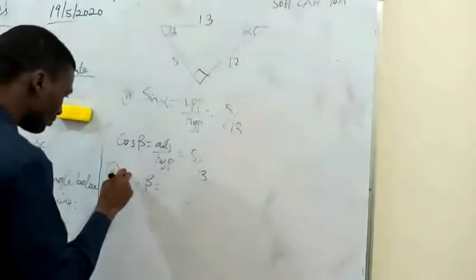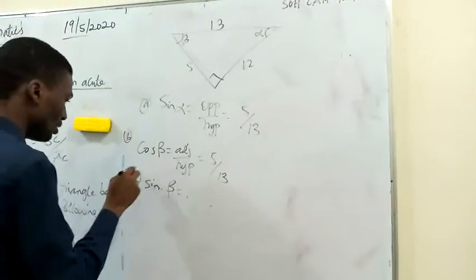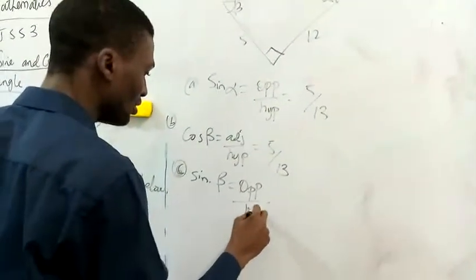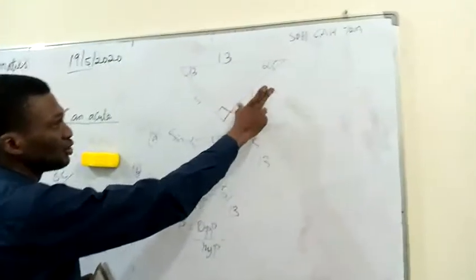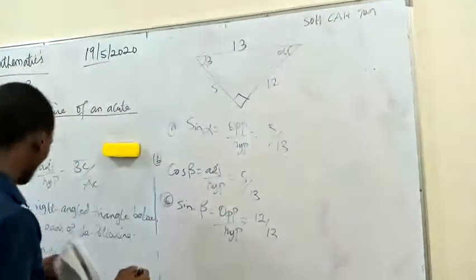Sin beta. This is B and this is C. Sine is opposite all over hypotenuse. For beta, the opposite is 12 and the hypotenuse is 13. We have 12 all over 13.